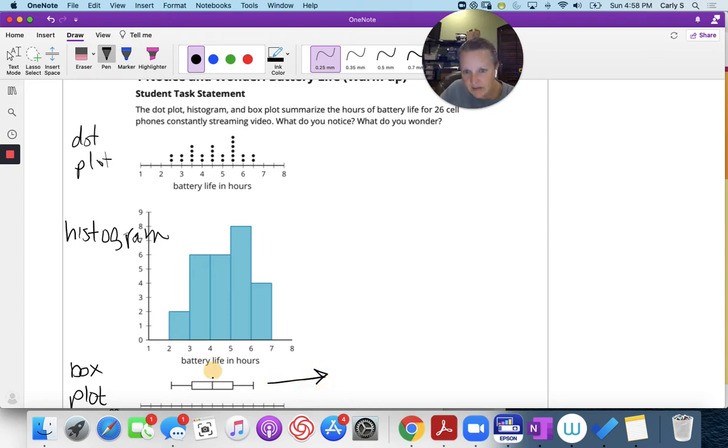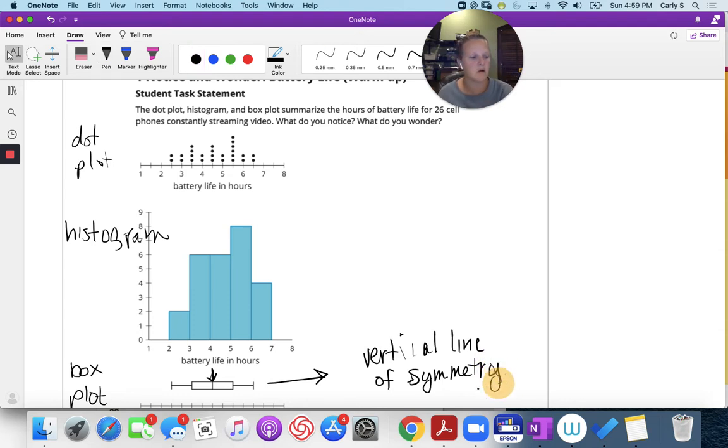All right, we can notice that the box plot seems to have a vertical line of symmetry. Okay, so that's something that we notice. Here I notice that 5.5 hours is the most common battery life.